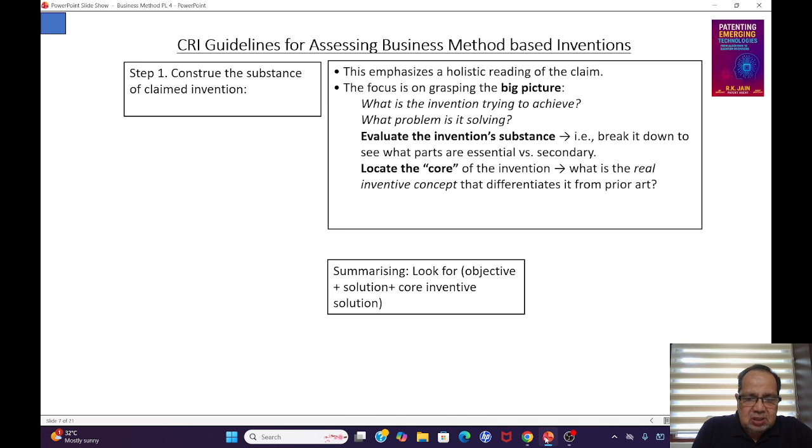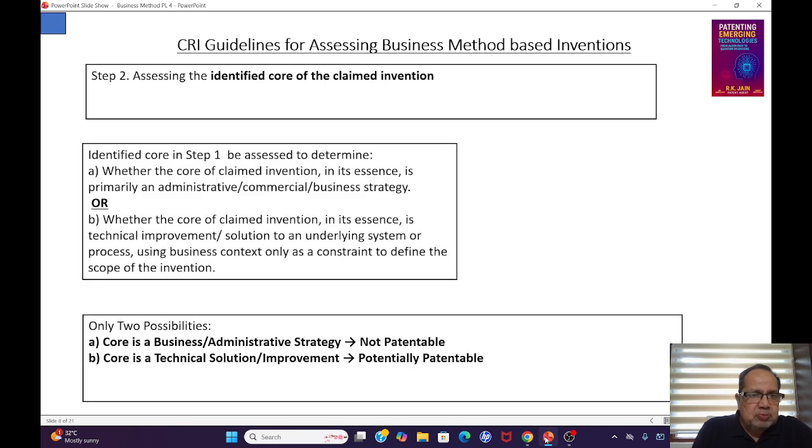Once we have identified the core part, we'll move to step 2.